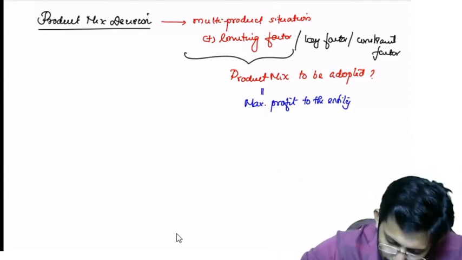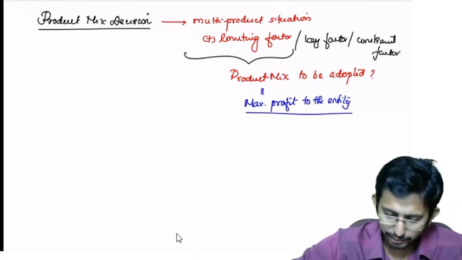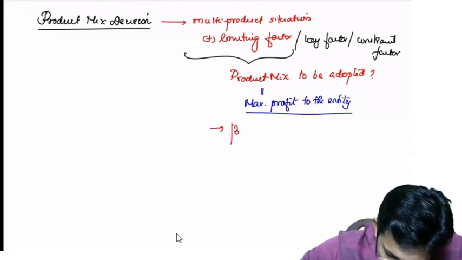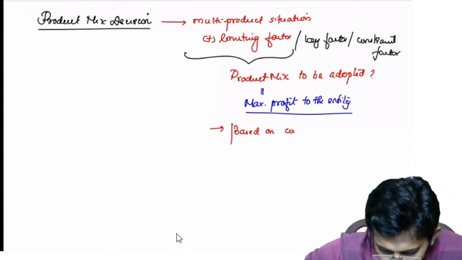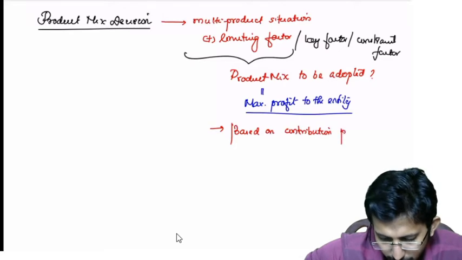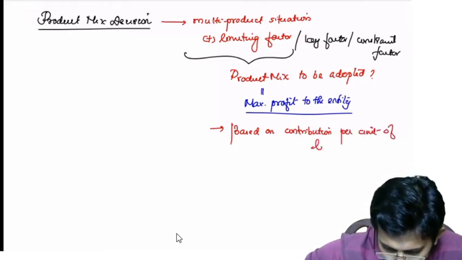Now how to take a decision if this is your objective? If this is the objective, you take a decision based on contribution per unit of limiting factor.